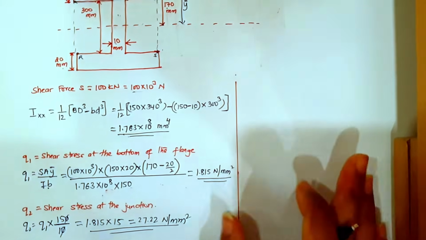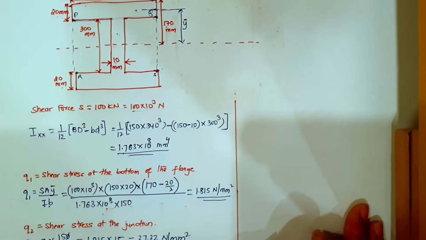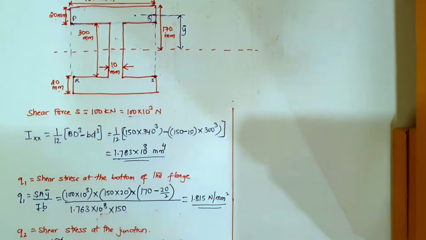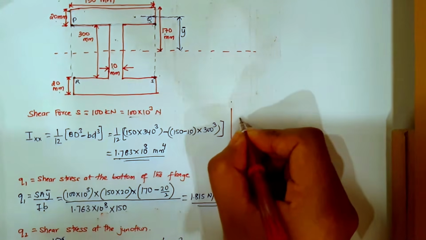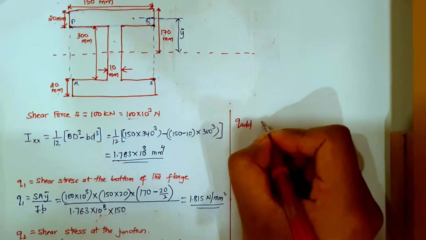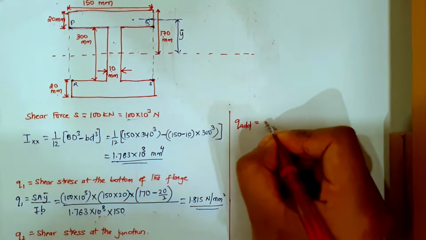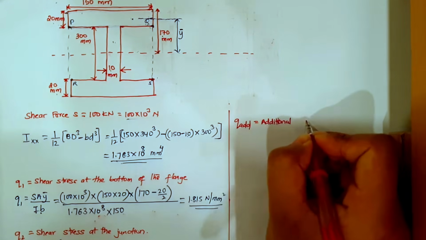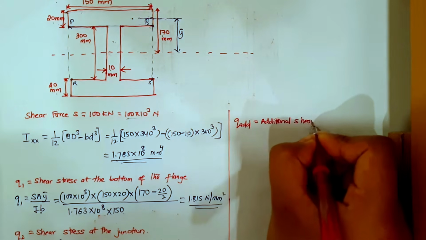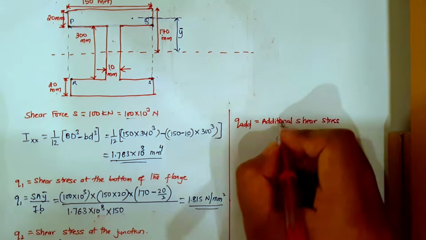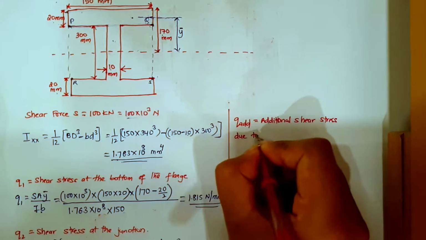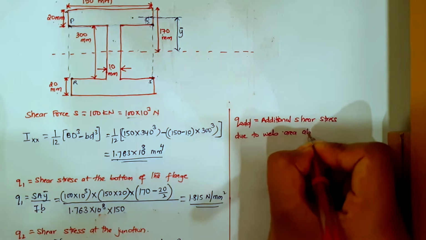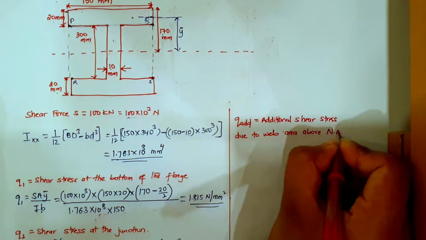Okay, now let us find additional shear stress due to the web area above neutral axis. So Q additional is equal to additional shear stress due to web area above neutral axis.